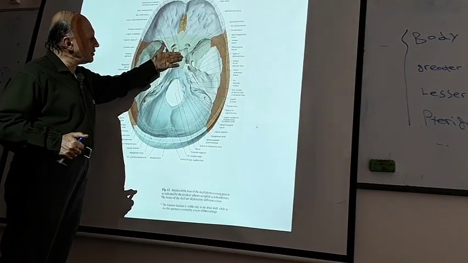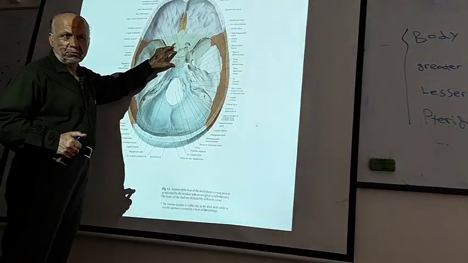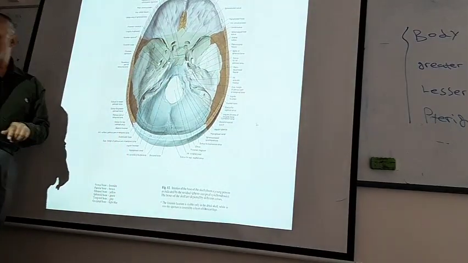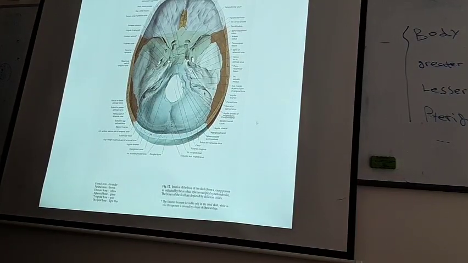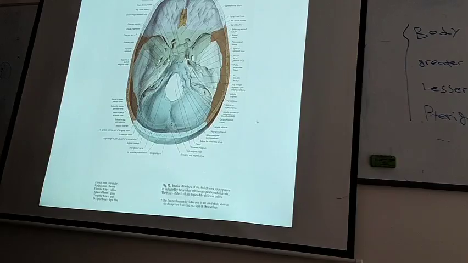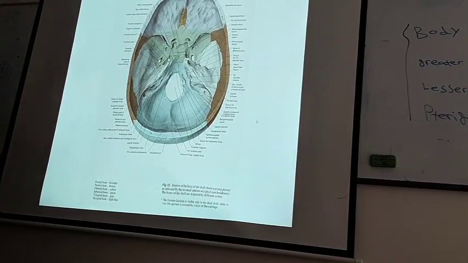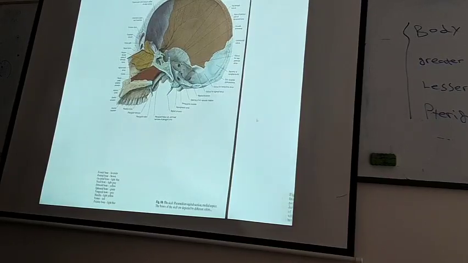But from this view, the internal view from superior, you cannot see the pterygoid process. Why? Because the pterygoid process is seen from the external view. You can see it from the external and inferior view of the base. I will show you another shape here.